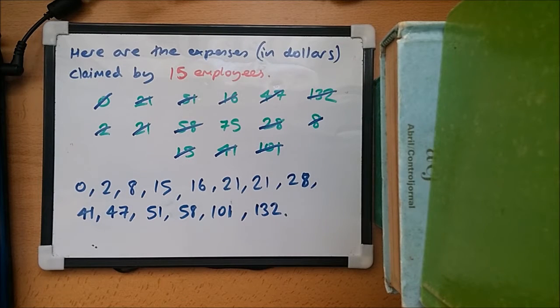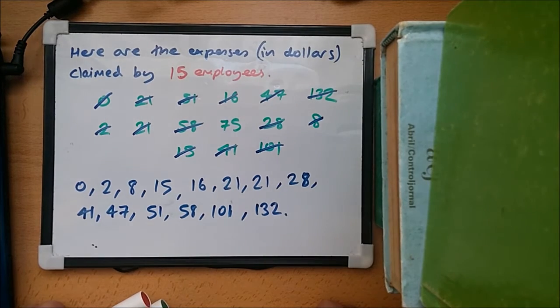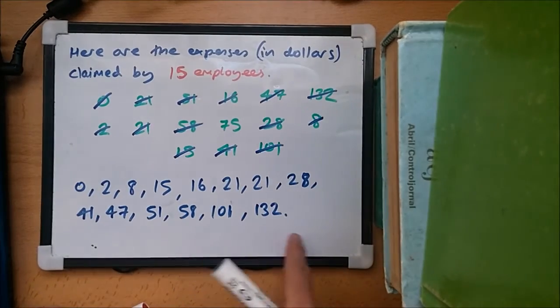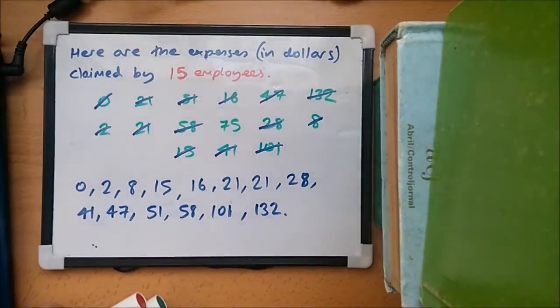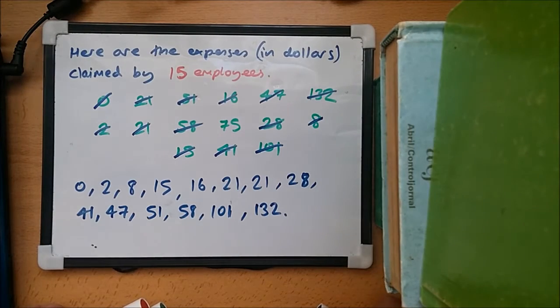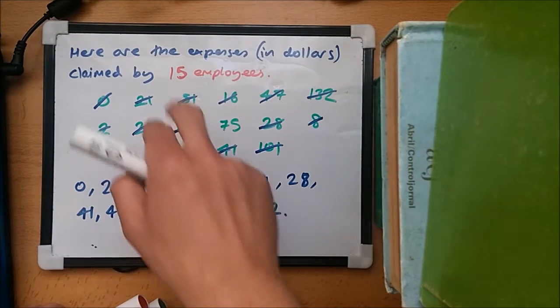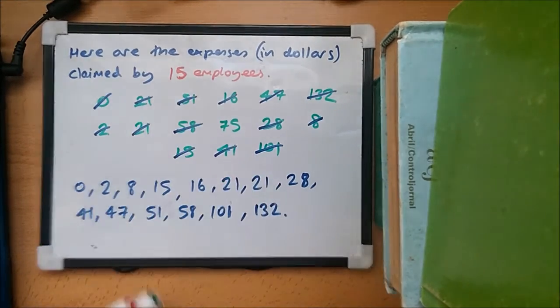Now let's calculate the median. The median tells us that we want to obtain the middle number from the set of the sample. How to calculate? Well, we have 15 people, so the midpoint of 15 is 7.5, which isn't good here. In statistics, when calculating the median, we tend to add 1 and divide by 2.